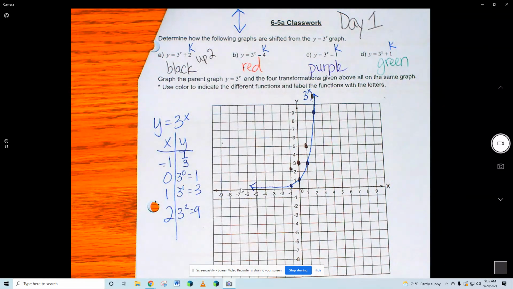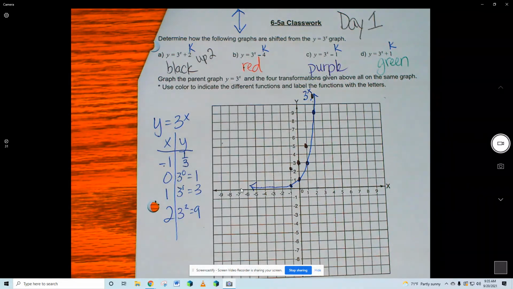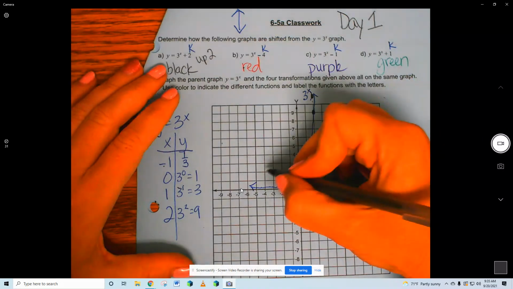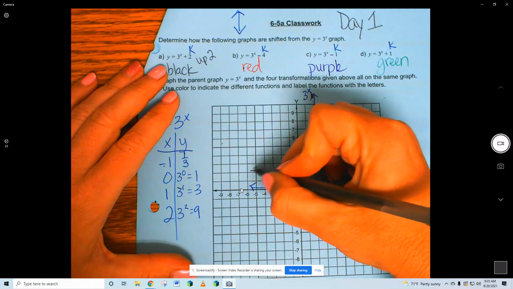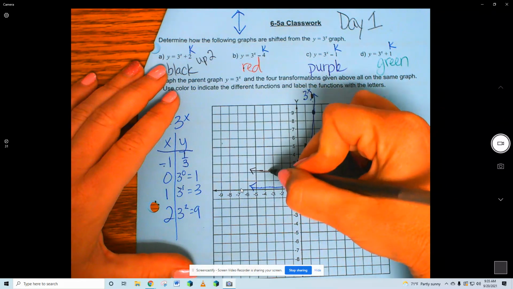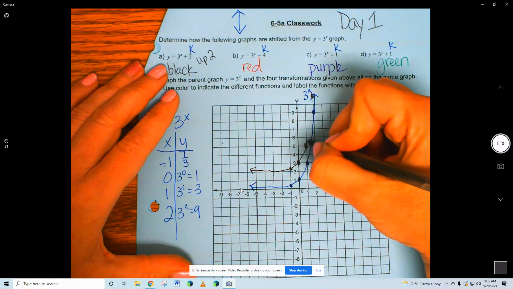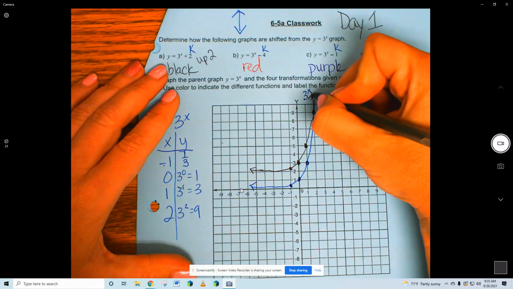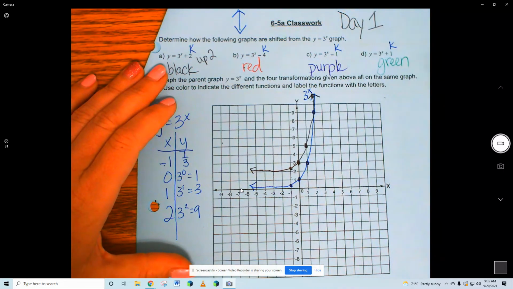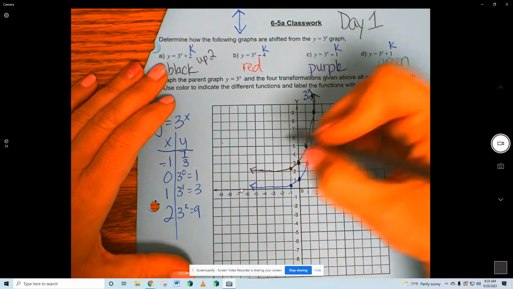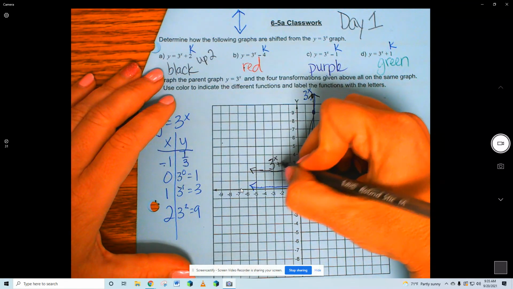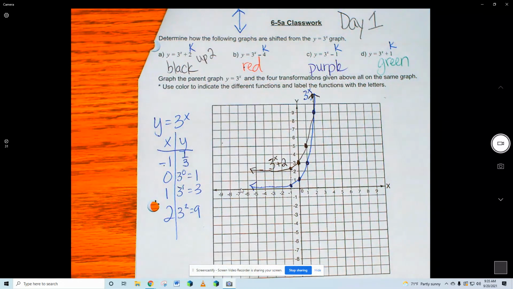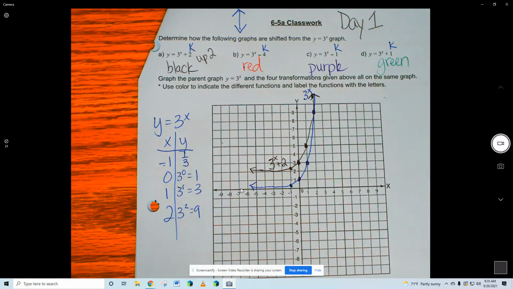So I just moved 2 up because you said on A, the k meant up 2. Now, please notice that this is going to be my new asymptote. And so this is 3 to the x plus 2. The black one. So I just did black.